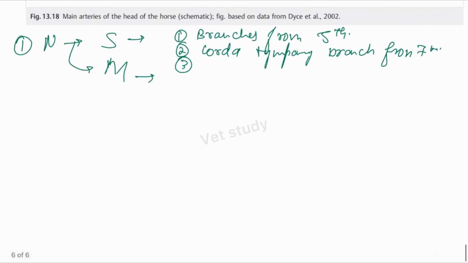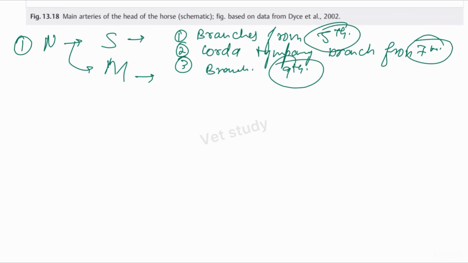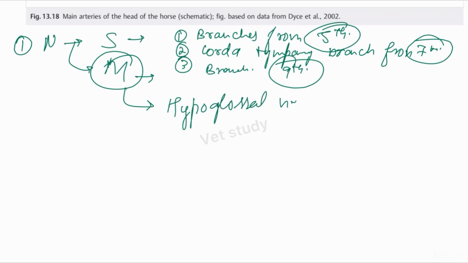And a branch from the ninth cranial nerve, that is the glossopharyngeal nerve, right? So fifth, seventh and ninth are the three main nerves which provide the sensory branches to the tongue. And for the motor, only one nerve provides the motor fiber, that is the hypoglossal nerve. So these nerve attachments are important.